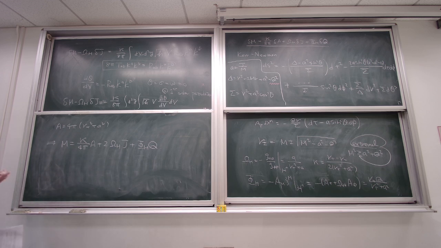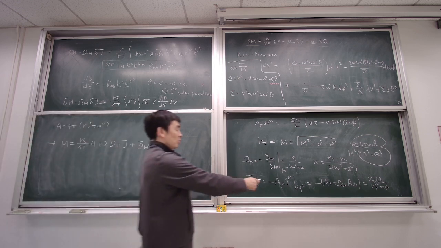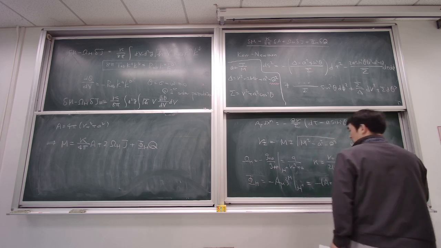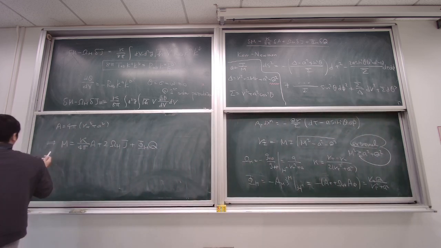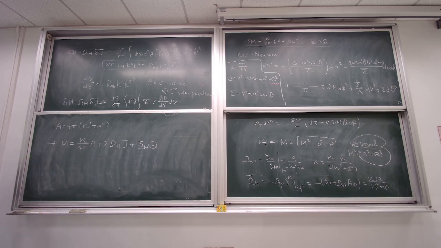So this is just calculation. Plug everything, all the formulas written here, into here. They satisfy it. The right hand side will give you M. It's a straightforward calculation. Okay.